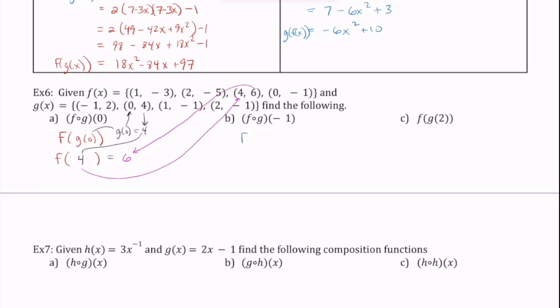Right, so f of g of negative 1, for part B, I'm going to write this as f of g of negative 1. Hopefully you see that notation easier. I'm going to erase these lines here for a second, just to clean this up a little bit. So I'm going to find g of negative 1. So use g right here. My input is negative 1, which is going to give me an output of 2.